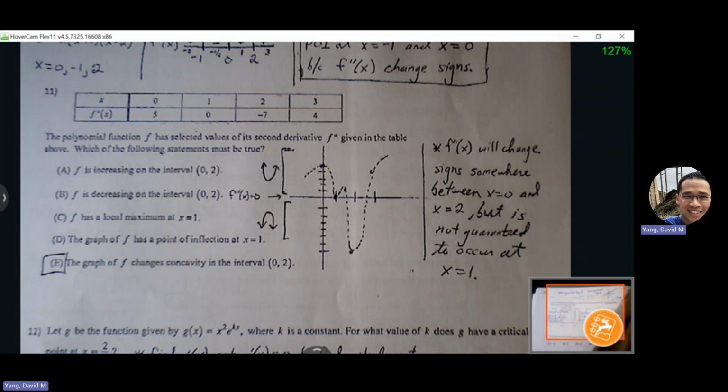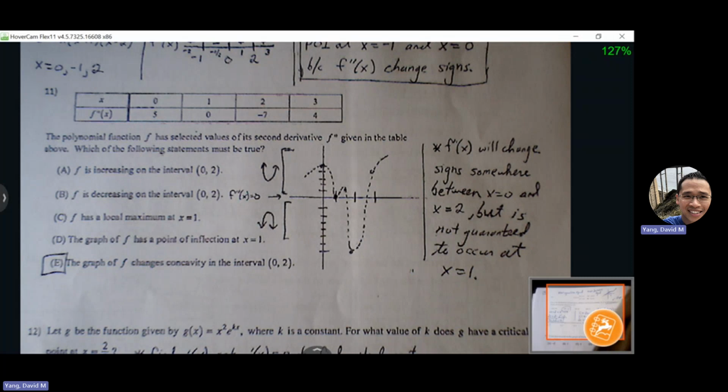Because what could happen is that maybe the graph hits 0, but then it bounces up to positive, and then it doesn't change sign until somewhere between 1 and 2, like 1.5. So maybe if a graph looked like this, then there's no point of inflection here because the concavity doesn't change from positive to negative. So this is kind of tricky, right?